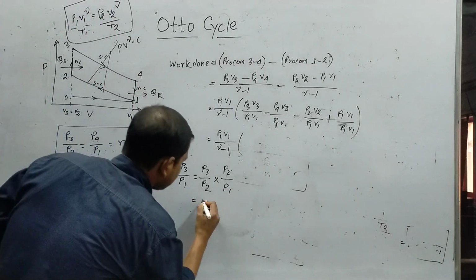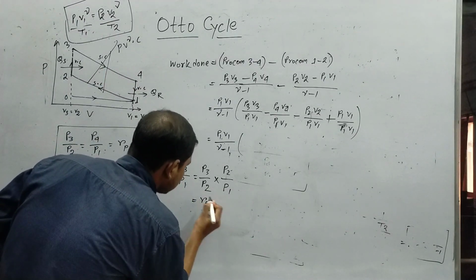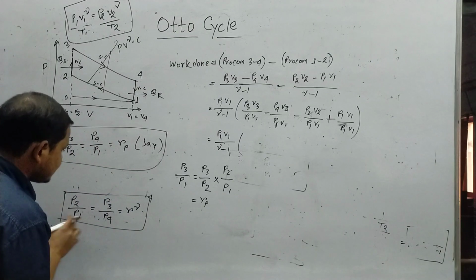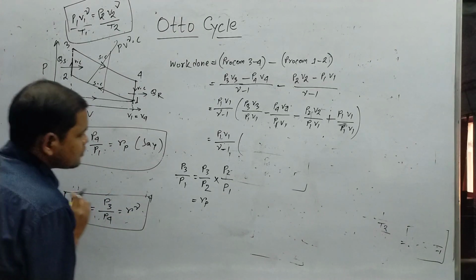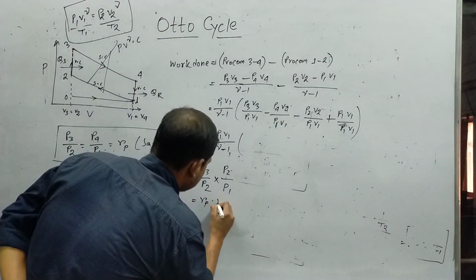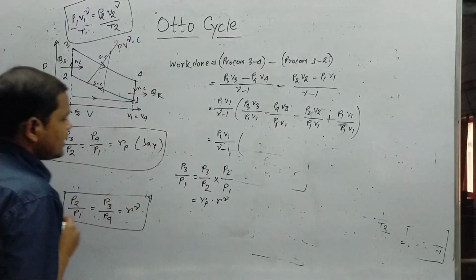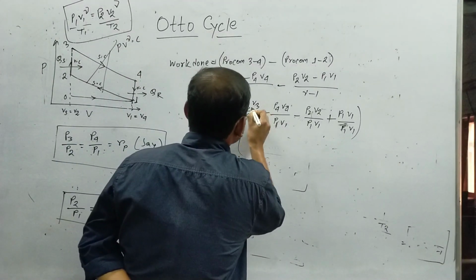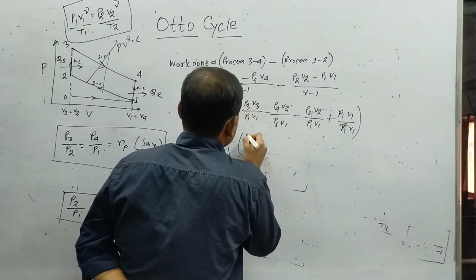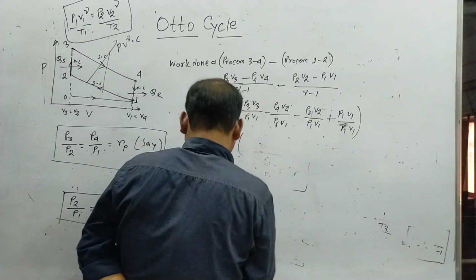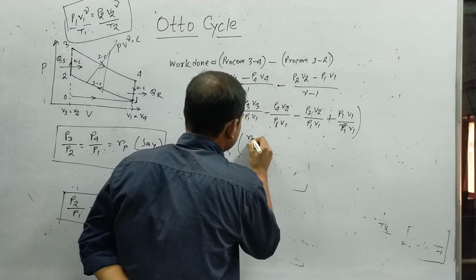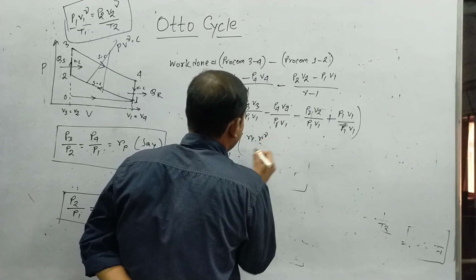What will be the value of P3 by P2? That is generally RP, and the value of P2 by P1 is nothing but R to the power gamma. So we can rewrite this P3 by P1 as RP into R to the power gamma.